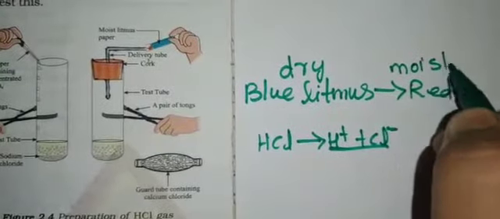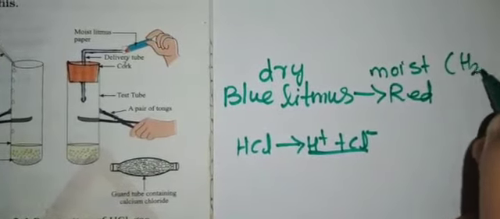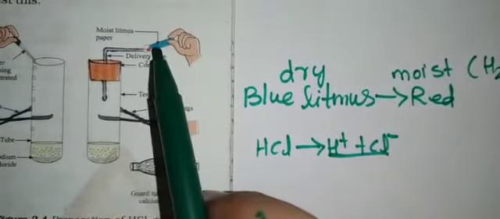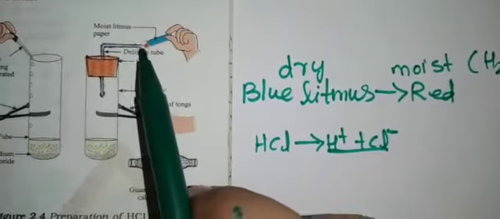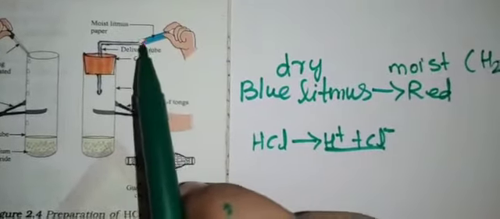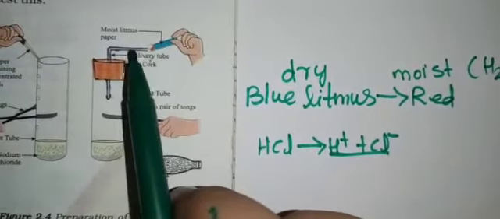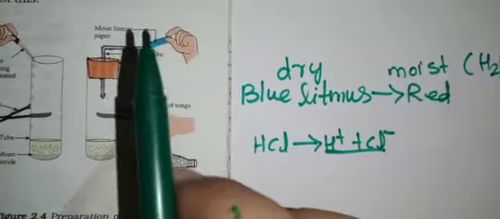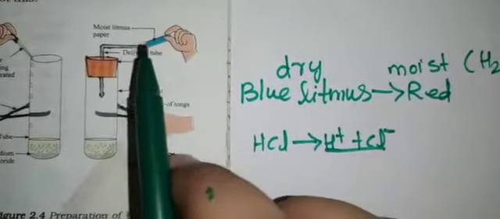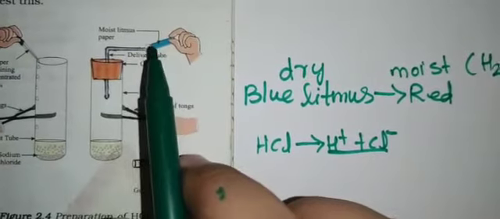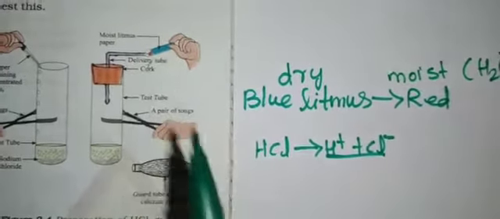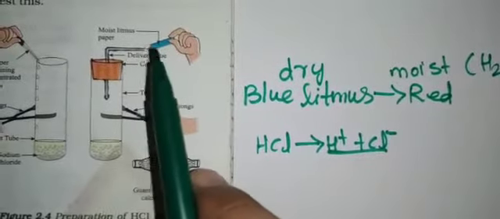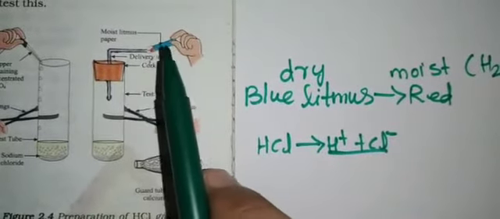Moist means it contains water, H2O. When the water comes in contact with the hydrochloric acid, the blue litmus paper turns red. Why? Because when it comes in contact with water, it will produce ions.